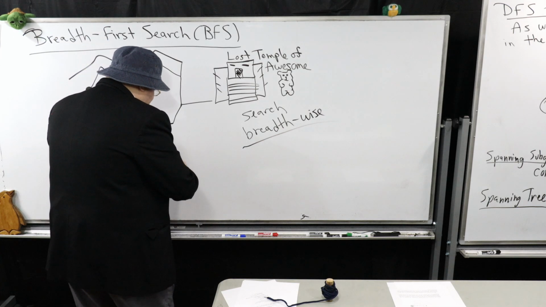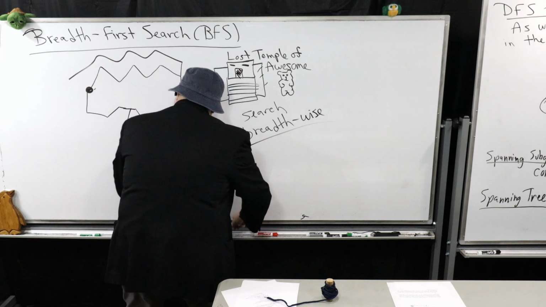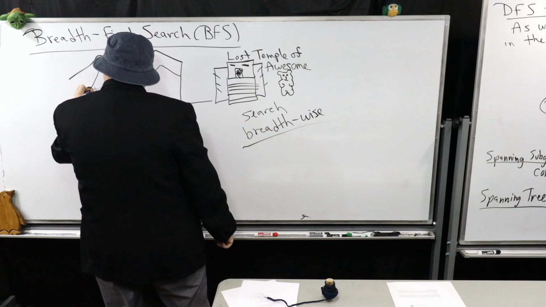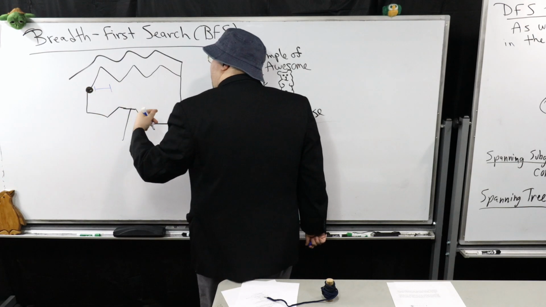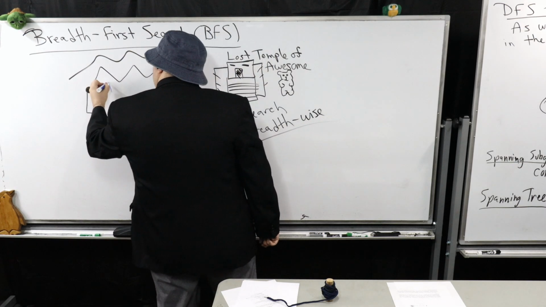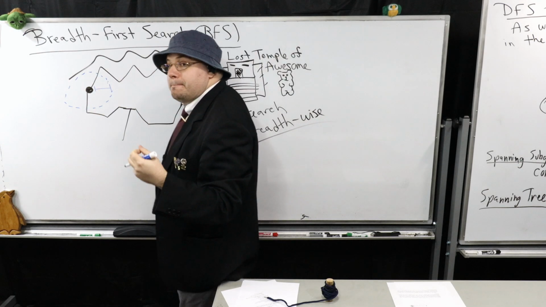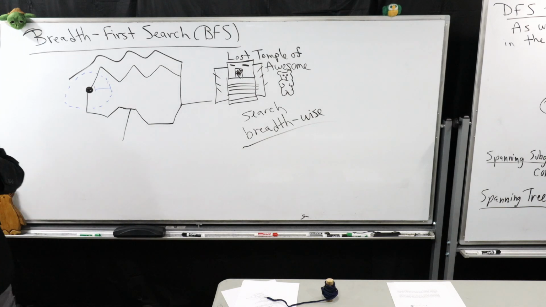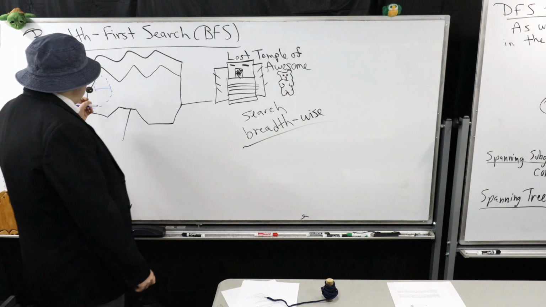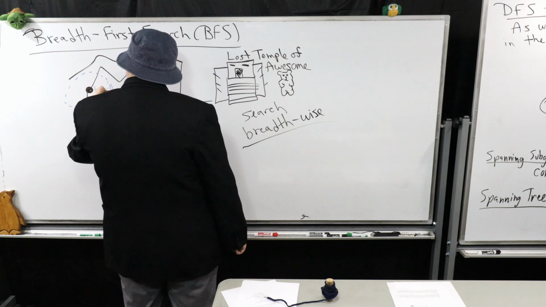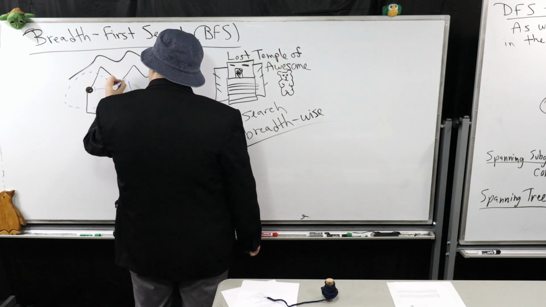Let me use a different marker just to illustrate what I mean. Imagine I take my string out and I lay out one extra step, and I explore everything within that one step that is reachable from me. And then once I'm done doing that, I take another step.